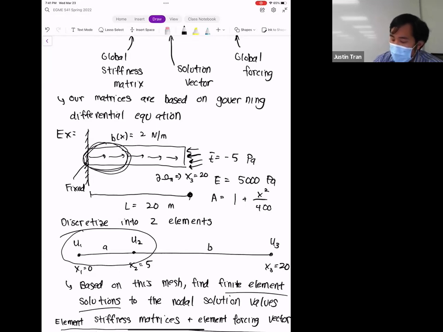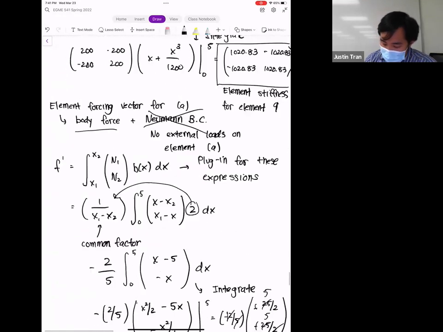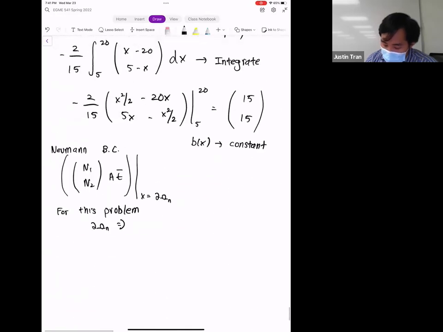In other words, we're going to plug in x equal to x3 into our Neumann boundary. Scroll back down here. And so I'm going to take all of our expressions for the shape functions, for the area function, and for the traction, which is just a constant, and I'm going to plug in x equal to x3.